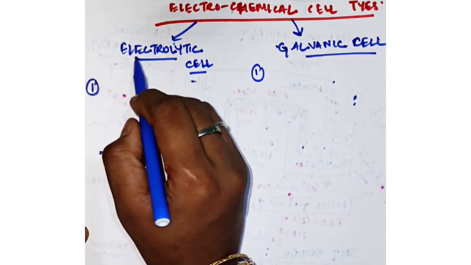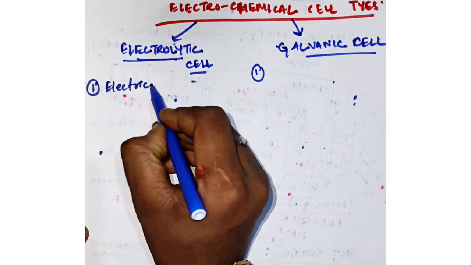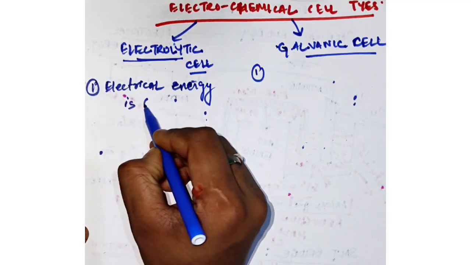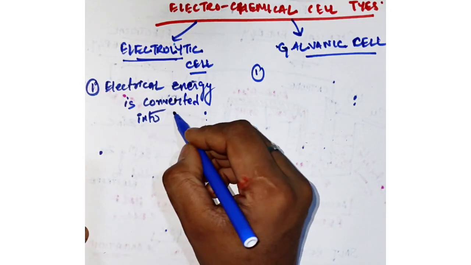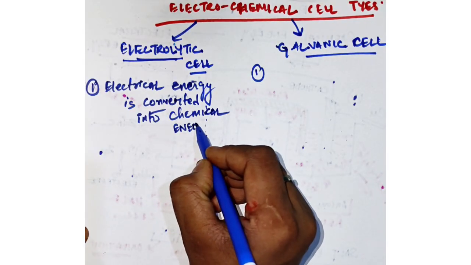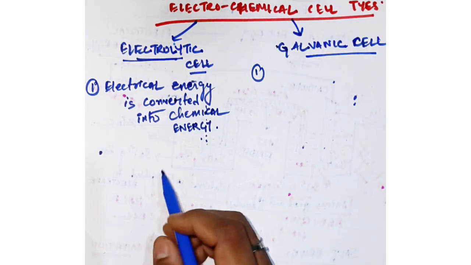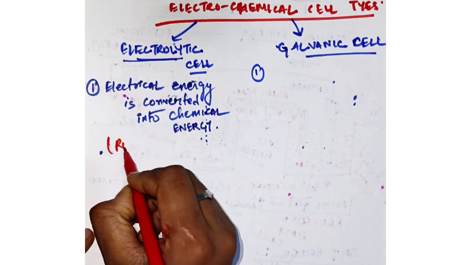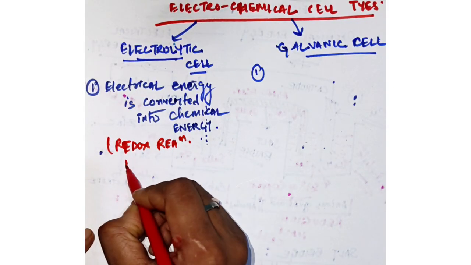This is a device in which the electrical energy is converted into chemical energy. Here the chemical reaction involving oxidation and reduction is carried out using electricity, so the redox reaction is done with the help of electricity.